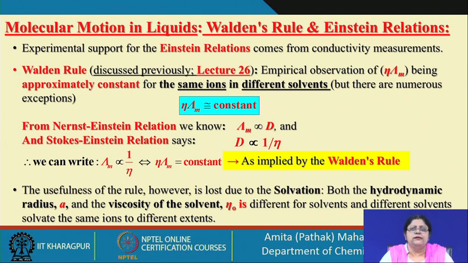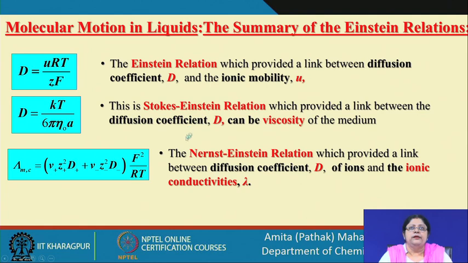Now, let us justify how we get this. From the Nernst-Einstein equation, if you remember, we had a relationship between the conductivity of the electrolyte and the diffusion coefficient, right. So, here we see the conductivity of the electrolyte is directly proportional to the diffusion coefficient.